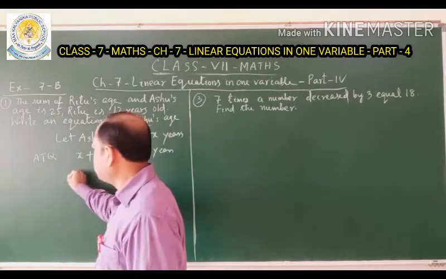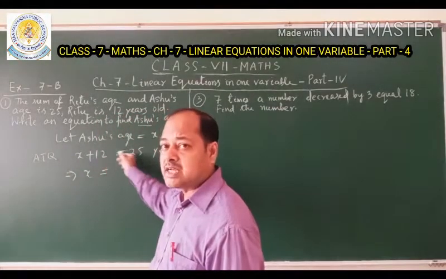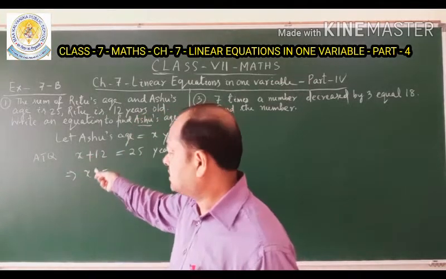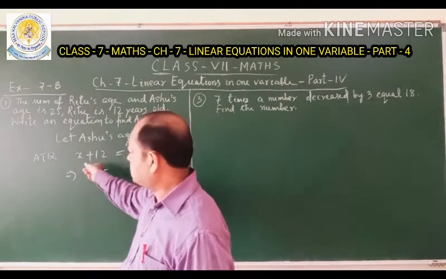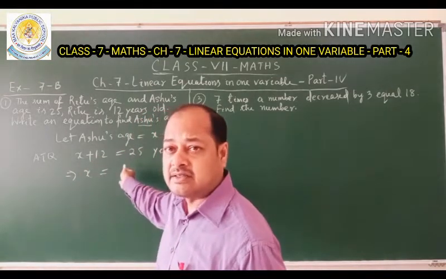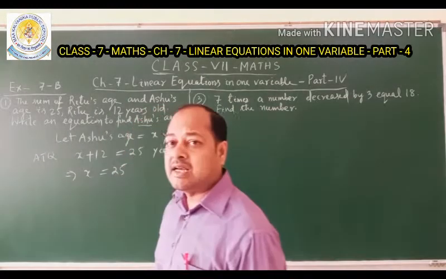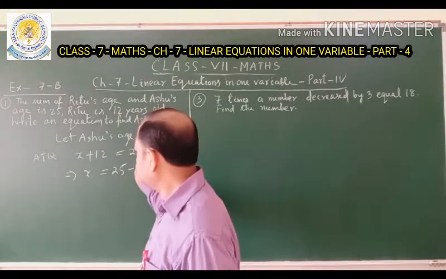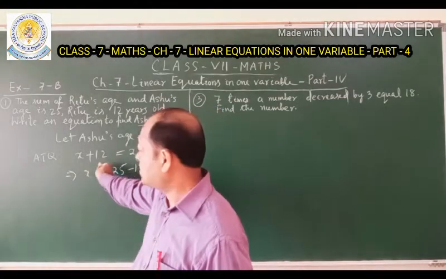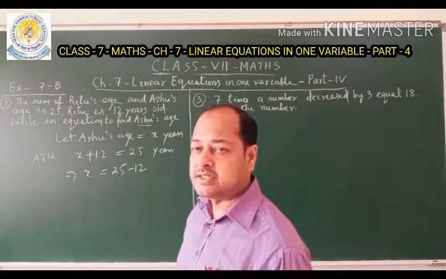So x equals what? Since we need to find x, the plus 12 will be transposed to the other side, the RHS. Because 12 is a positive number, when it is transposed it becomes minus 12.